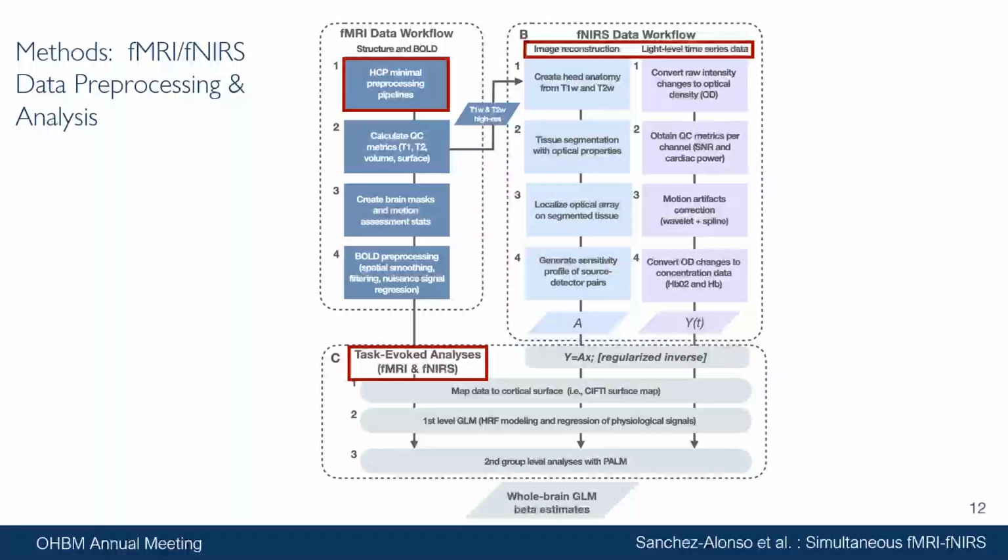This is important because the levels of scattering and absorption of the infrared light is going to vary depending on the underlying brain tissue. So that's something essential for comparison of the two signals. And then we map both signals onto the cortical surface, and that's at the level at which the comparison happens.